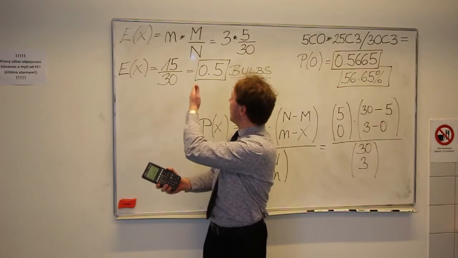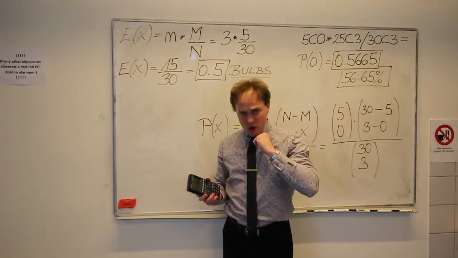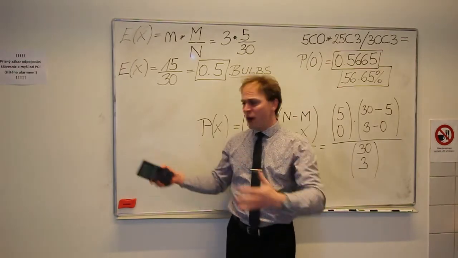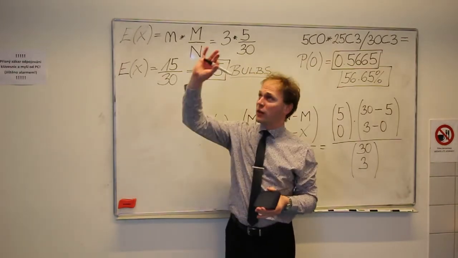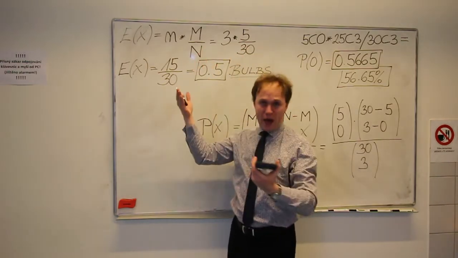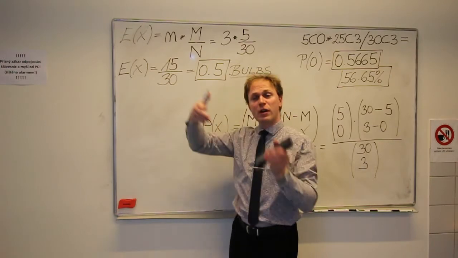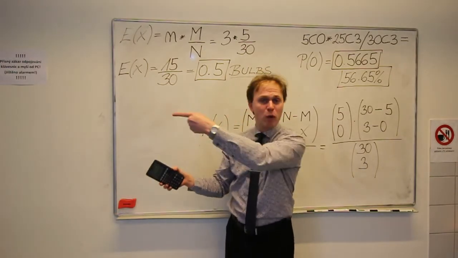How can we understand this? I will go to the warehouse. I will select 3 light bulbs. I will check these bulbs, and all bulbs will be all right. I will return these bulbs back to the box, and you will go to the warehouse.